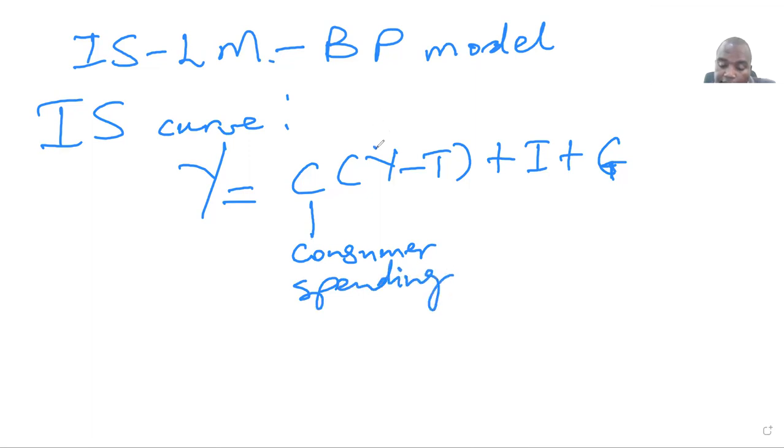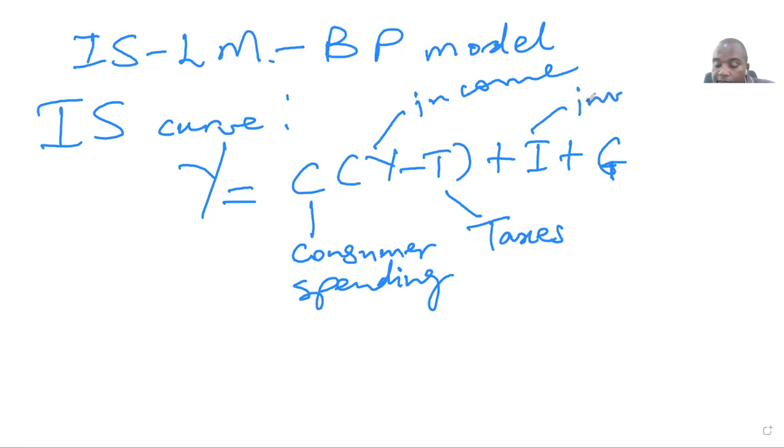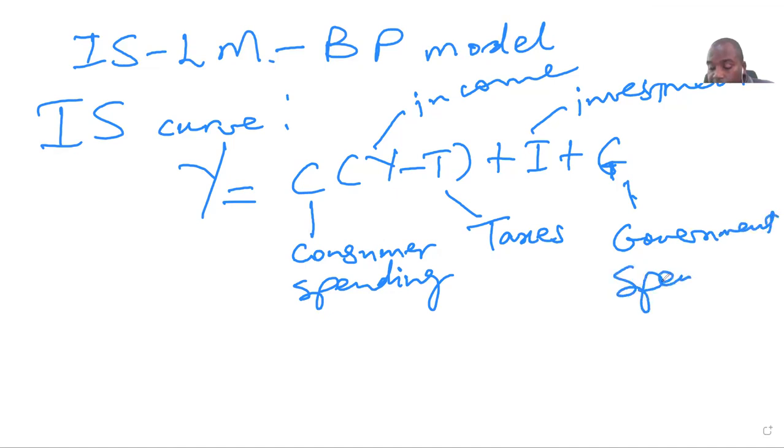And capital letter Y is income, that is our national income. And capital letter T is the level of taxation. And capital letter I is investment spending. And capital letter G is government spending.